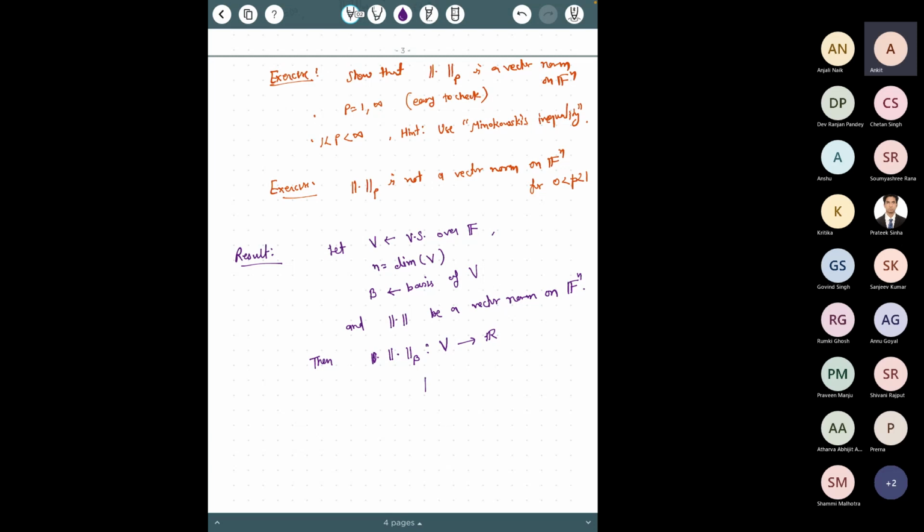You take any vector v, then the function value is nothing but the norm of the matrix representation of v when you represent this v in terms of the basis elements of V. Then this is a well-defined function, and this is a vector norm on V.